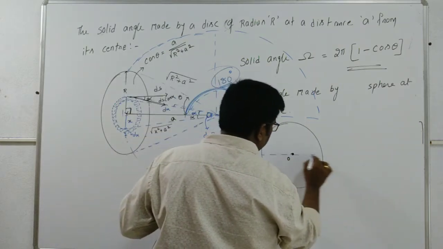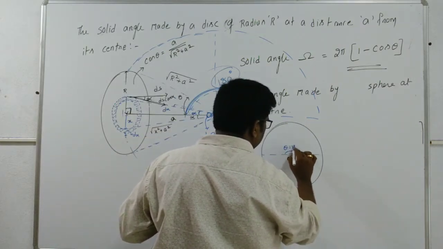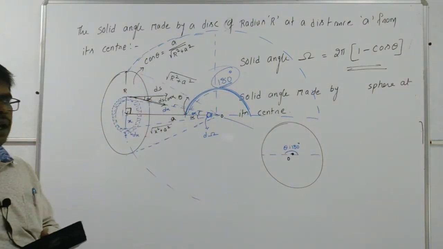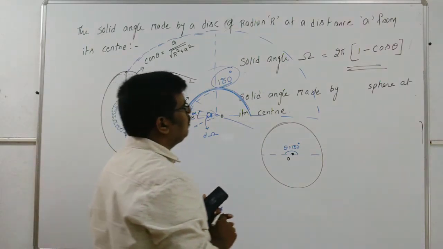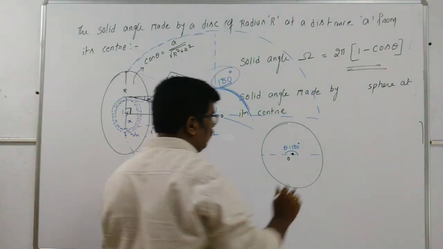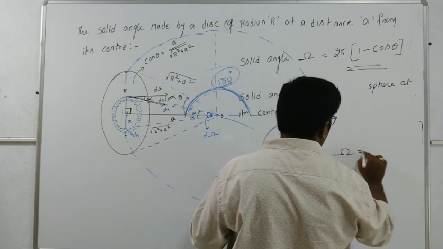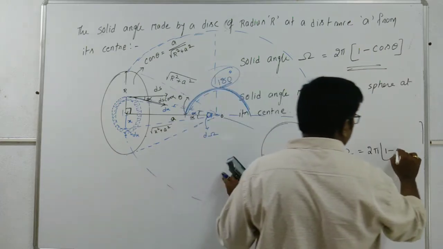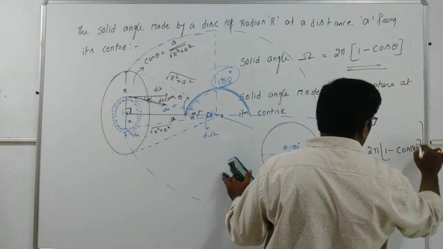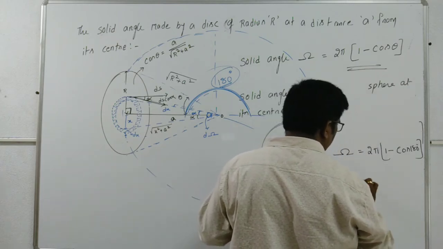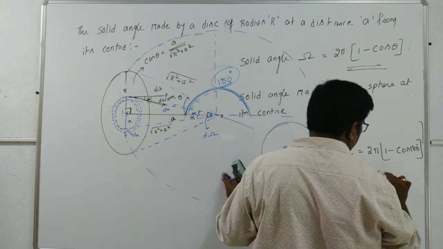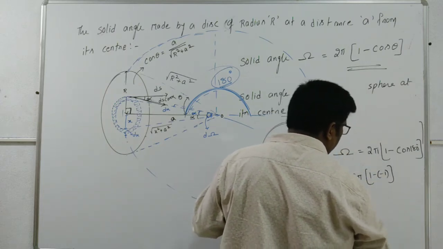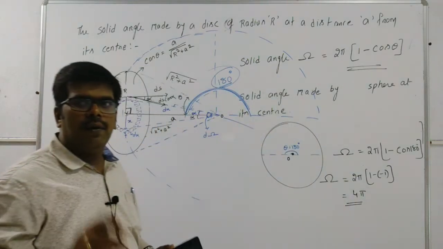If you substitute in the expression, you get the solid angle made by the complete sphere at its center: omega equal to 2 pi into 1 minus cos 180. Cos 180 is minus 1, so it is 2 into 2, which is 4 pi. So the solid angle made by the complete sphere is 4 pi radians.